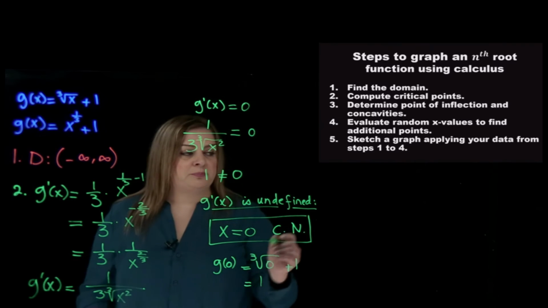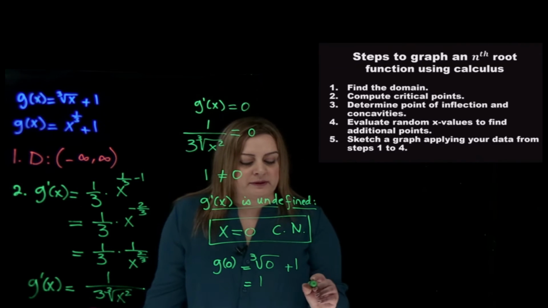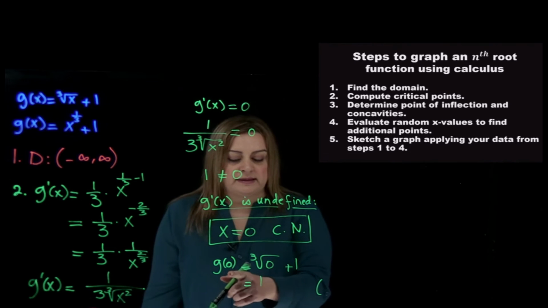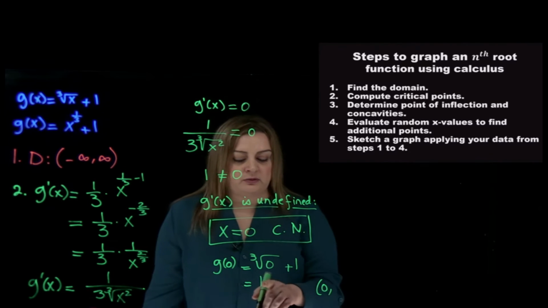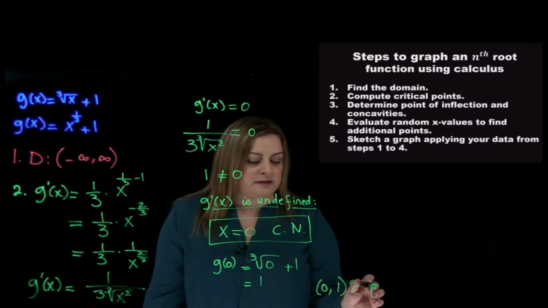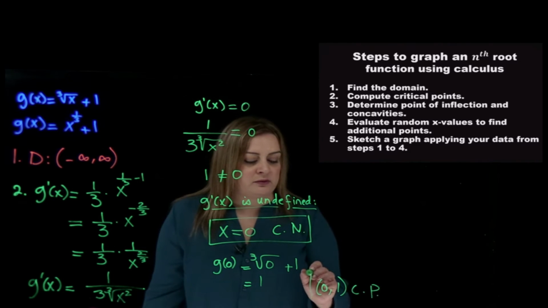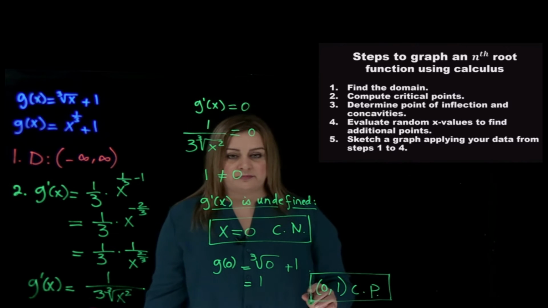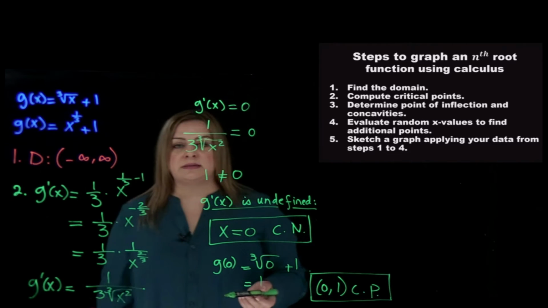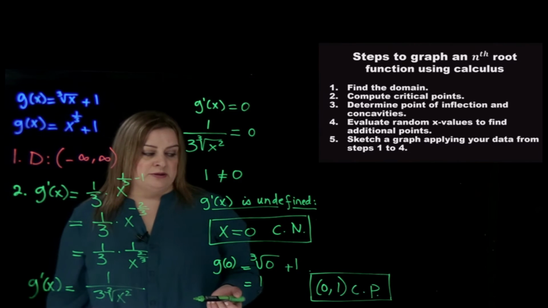So my point, I'm going to write it on the side. When I let x equal 0, I had y equal 1. So this is my critical point, and I only found one critical point for my function. I boxed my answer, and I will use it to graph at the end.